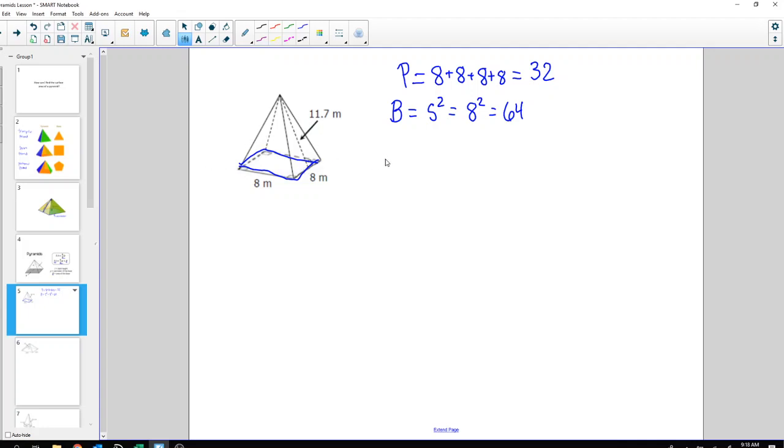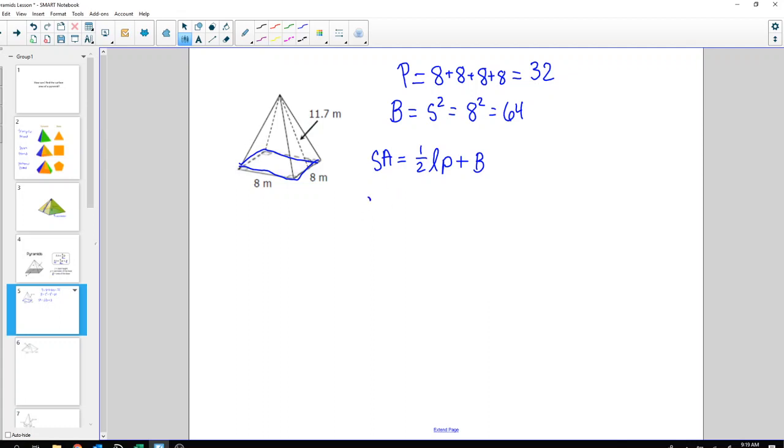Once I have my perimeter and my base, I can go back to my surface area formula, which is 1/2 the slant height times the perimeter plus that area of the base.